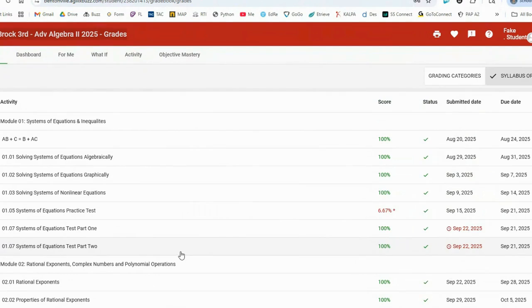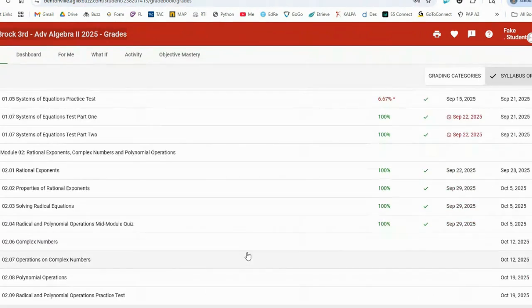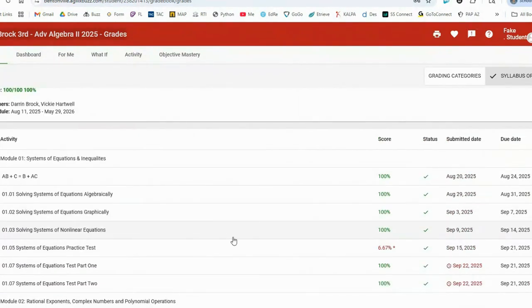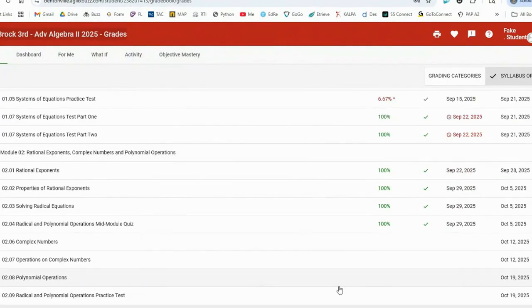In my class, I give you until the end of the second module to turn in everything from the first module. So if you're missing anything in the first module, you've got about 2 weeks to get it turned in. It depends on the teacher. Some teachers may have a 2-week deadline. I give you another module. So if you're missing this test, you need to have it by the time we take the next test.